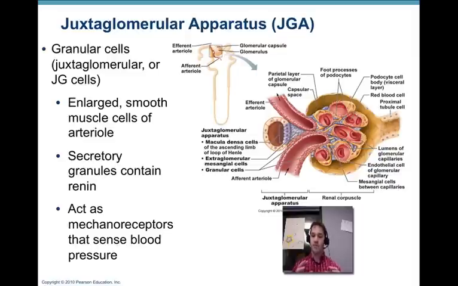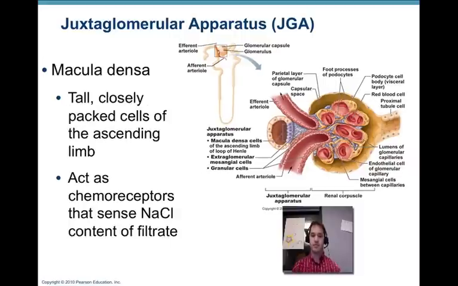They have pressure sensors, mechanical receptors that can sense blood pressure. The macula densa are these cells right here. They're tall, closely packed cells of the ascending limb, and they're chemoreceptors, and they can sense sodium chloride content of the filtrate.